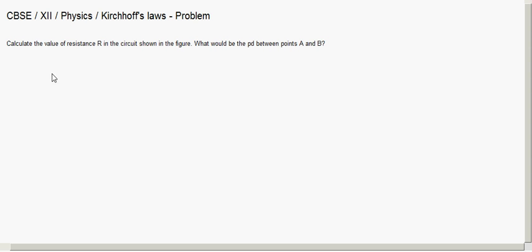We have a 6-volt source, and then there are a couple of resistances. Ten ohm here.